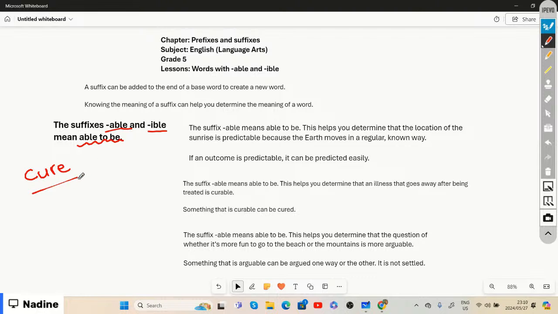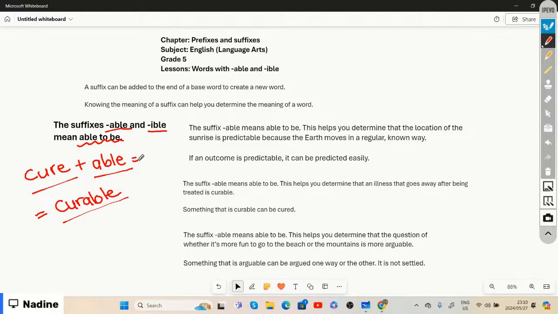But now if we add able to that word, that word then becomes curable, right? So cure is like you are basically helping that disease or illness to go away.